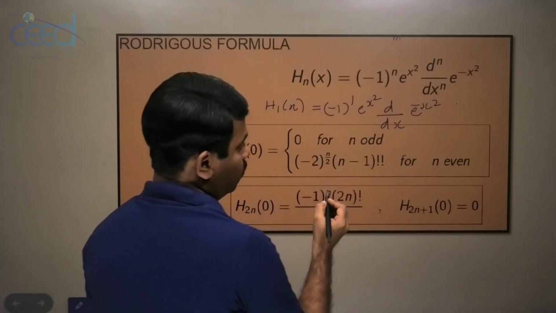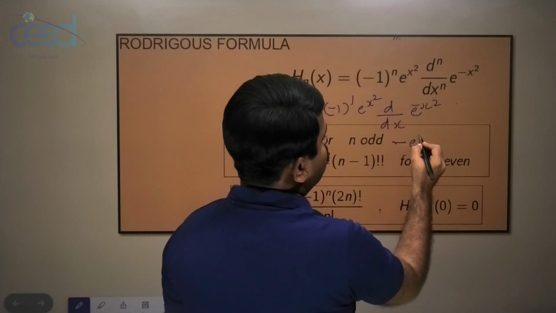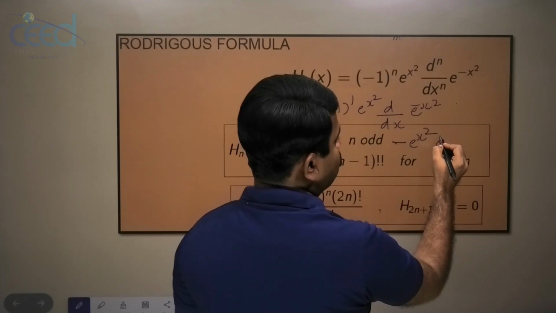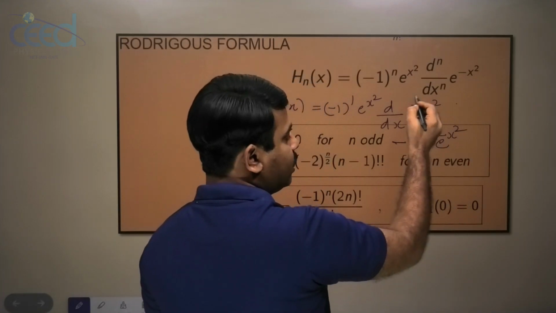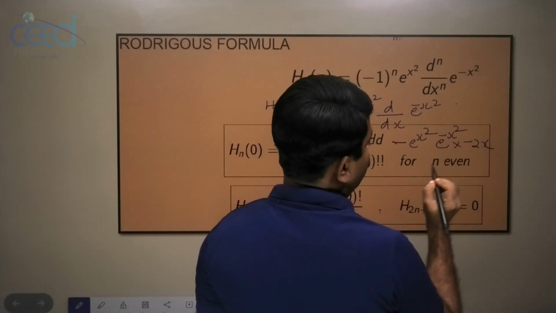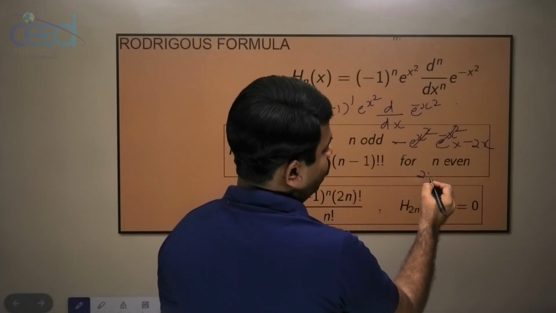So this is minus 1 raised to 1 minus e raised to x square into d by dx of e raised to minus x square. E raised to x square, differentiation, e raised to minus x square only. Now you have to differentiate using the function of function rule: minus x square on differentiating gives minus 2x. Now this and this, 1 minus into minus 2x, 2x.